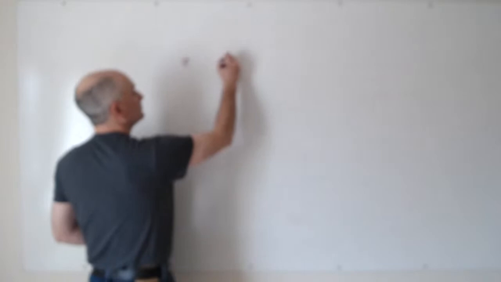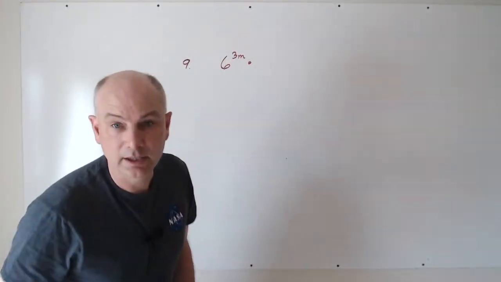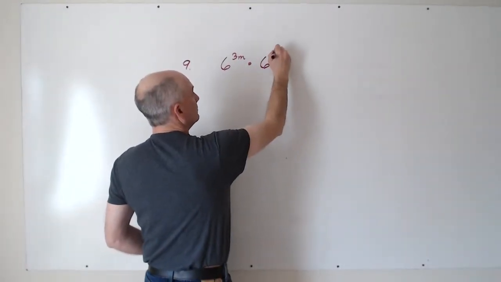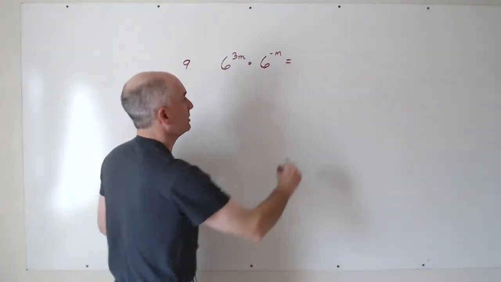Okay, so we have 6 to the 3m, multiplying it with 6 to the negative m, and that is equal to 6 to the negative 2m.